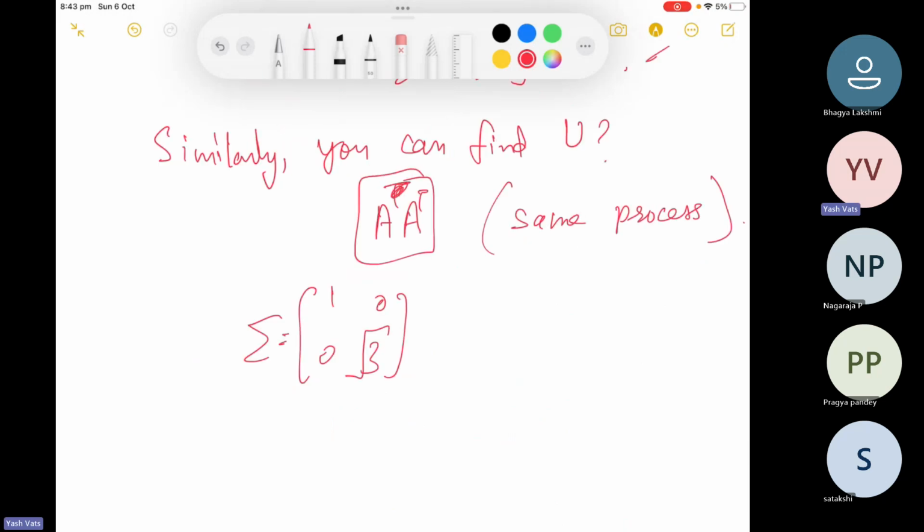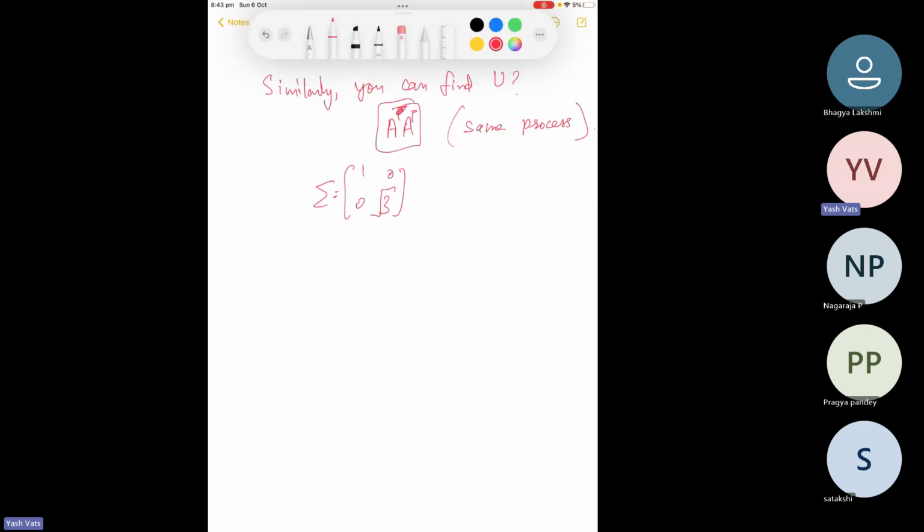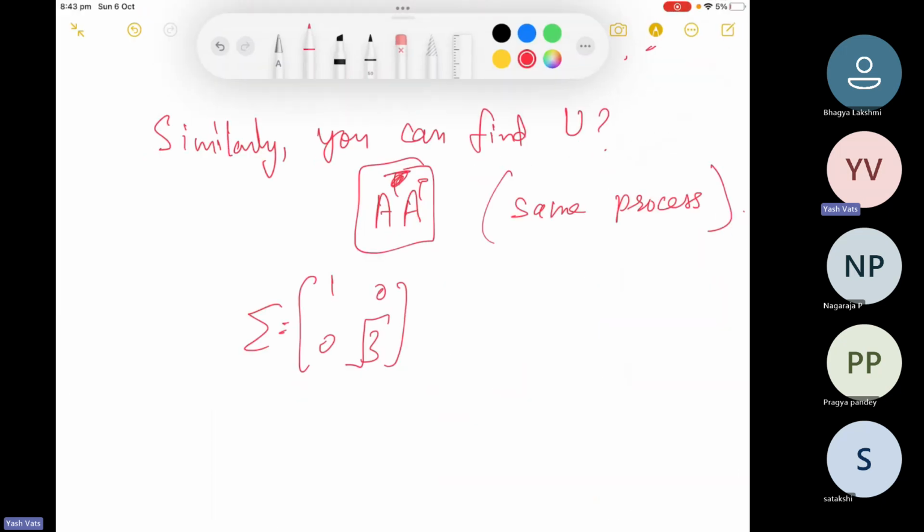Because it's 3, so it's just the square root. I think the questions in your assignment are based on that. Some questions. Any doubts other than that? Is it clear? Singular value decomposition, everyone? Yes, sir. Okay.